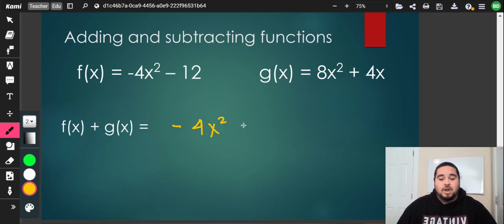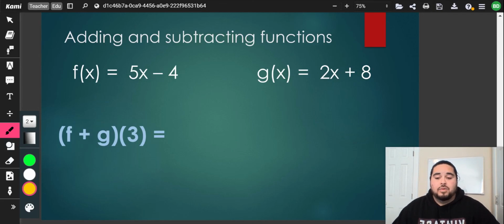And because there's no middle term, I can either leave a space and put minus 12 down here, or I could put plus 0. Okay, whatever makes the most sense to you. Okay, now for g of x, I have 8x squared.